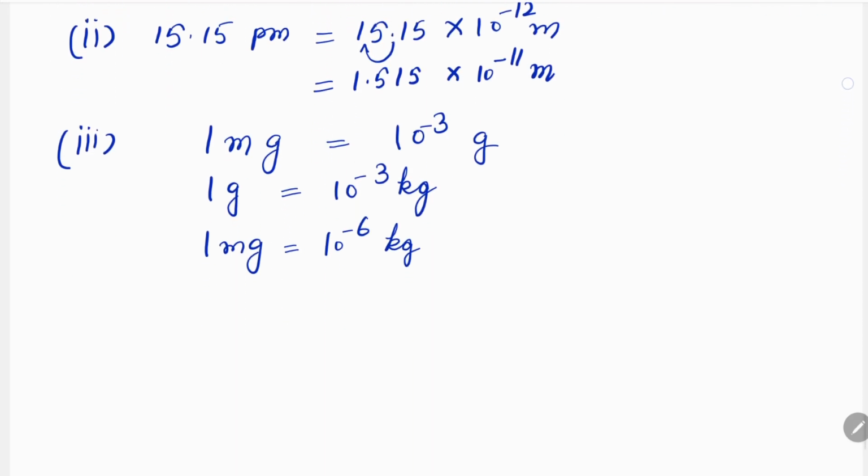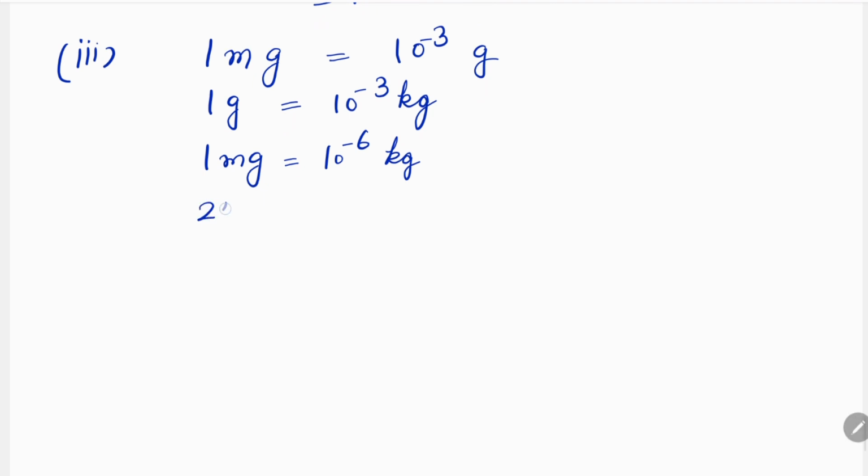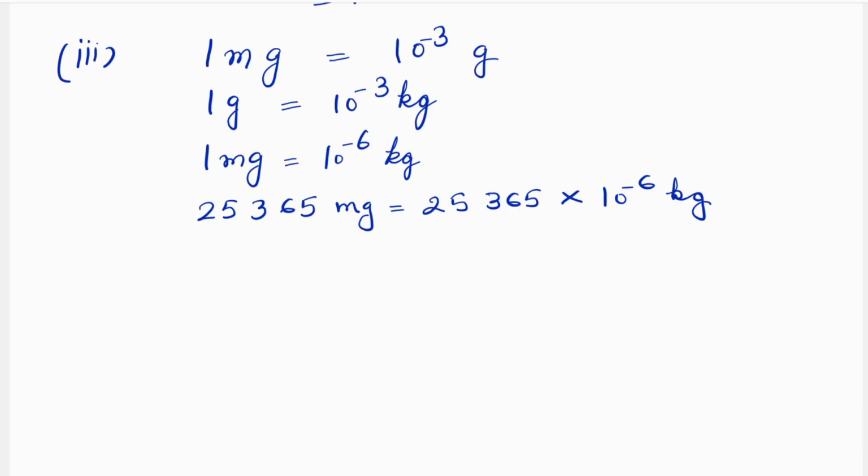The number is 25,365 milligram, and we are taking the number and multiplying it with 10 raised to power negative 6, and that is in kilograms. All right, so now what we have to do, we have to take the decimal, and there is a decimal after 5, and we have to shift it towards this side.